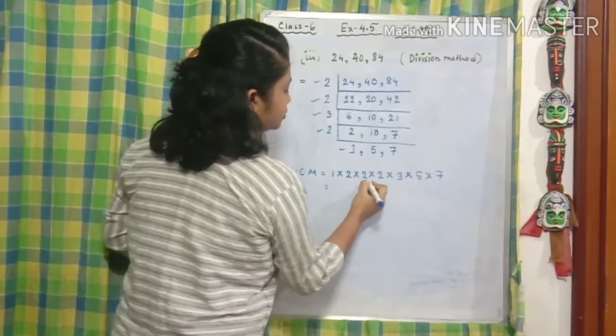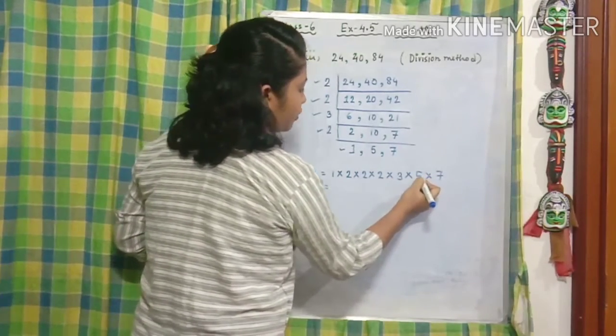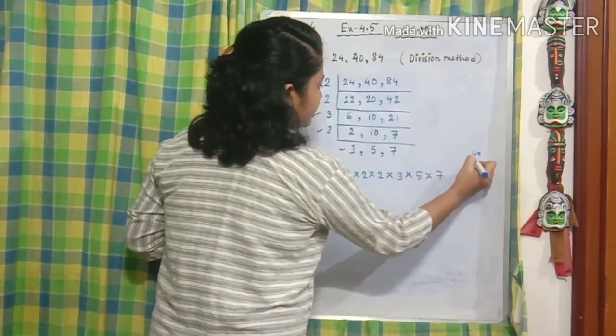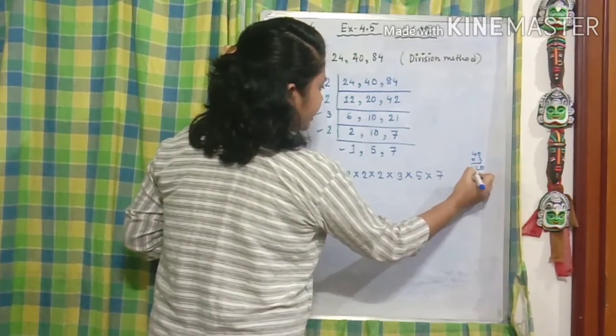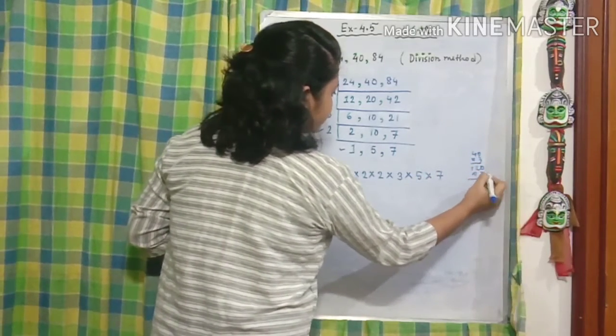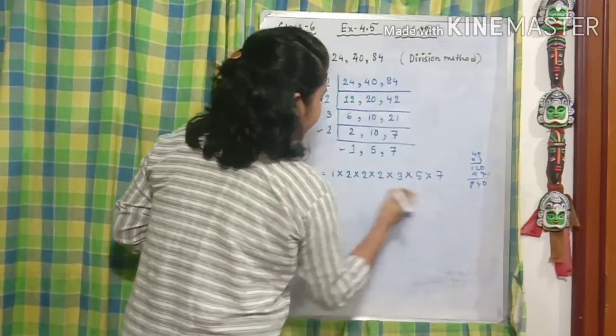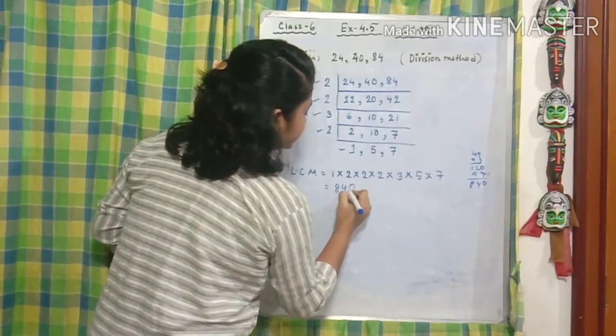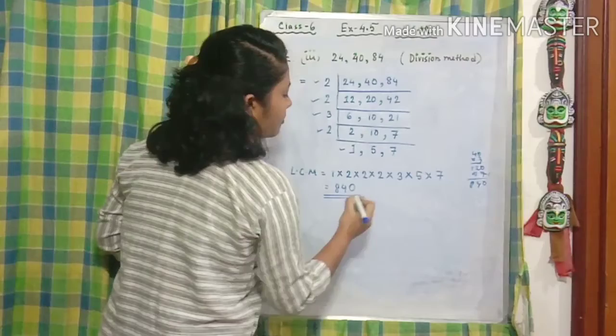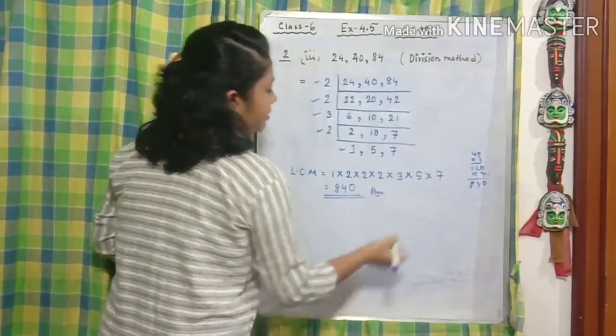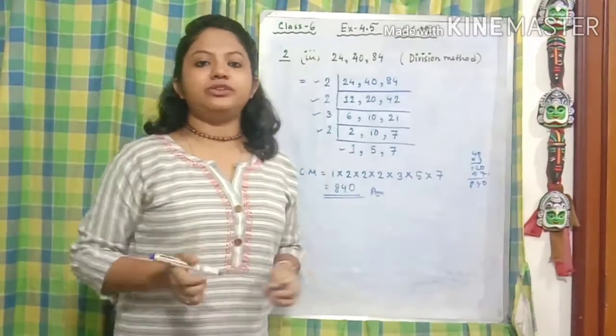So 2 twos are 4, 4 twos are 8, 8 fives are 40, 40 threes are 120 and 120 sevens are 840. So 840 is going to be our least common multiple for these three sets of numbers.